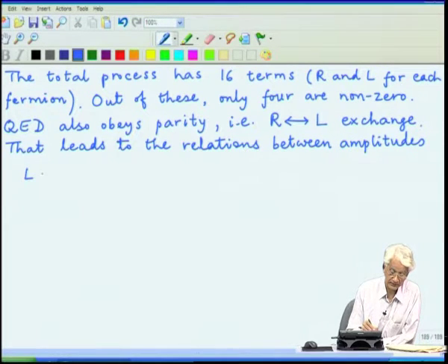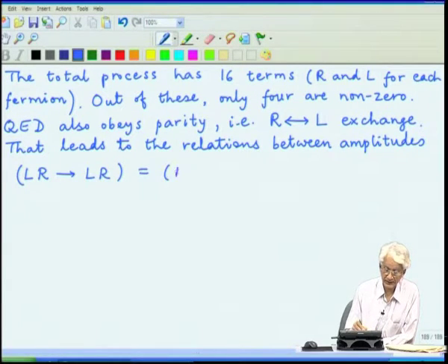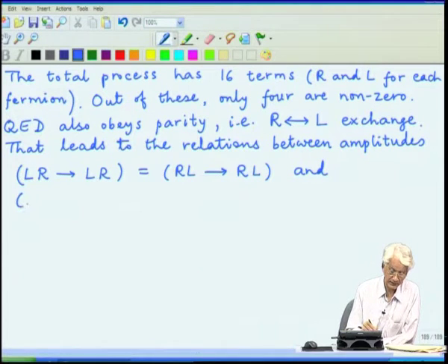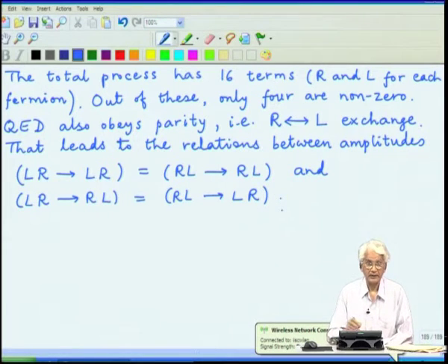The process which takes LR to LR will be the same as one which takes RL to RL, and the analogous one for the LR to RL being the same as RL to LR.